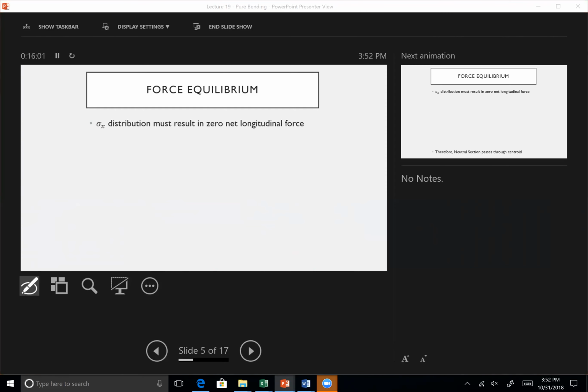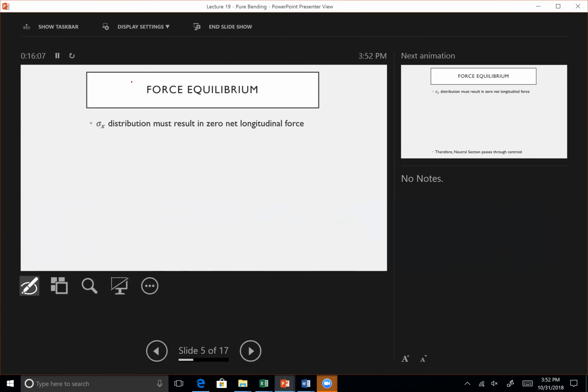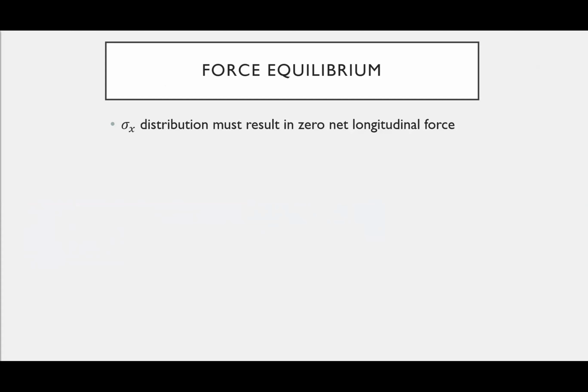So we want to take the sum over the area of sigma x dA, where sigma x is equal to negative y E over rho.